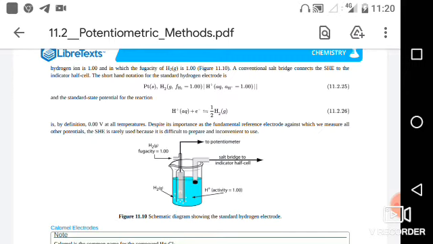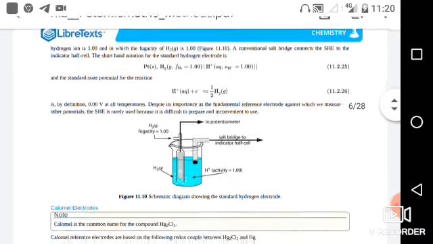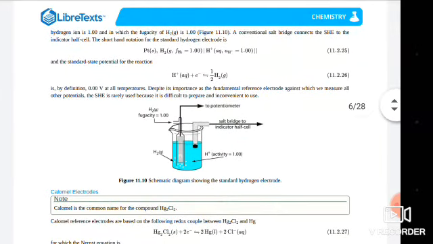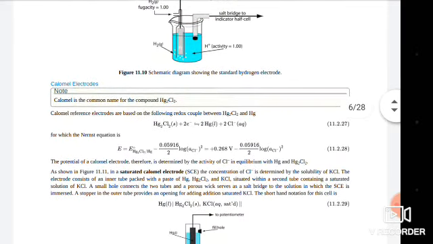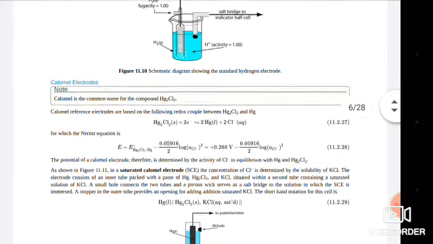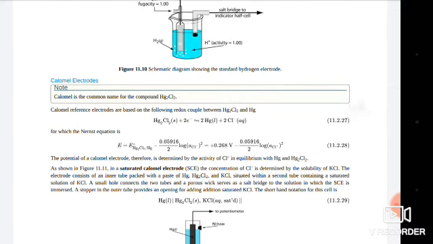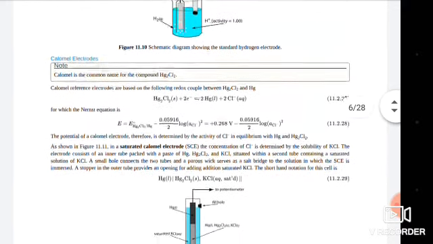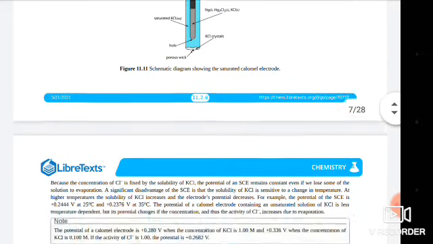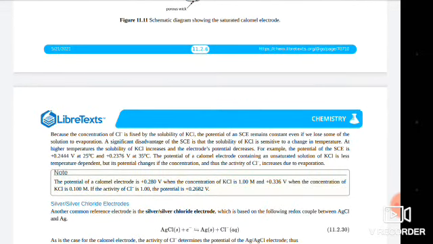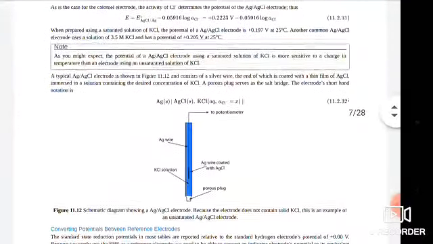The potential is 0 for that, and it is inconvenient to use due to the difficulty of preparation. The hydrogen electrode is shown above.